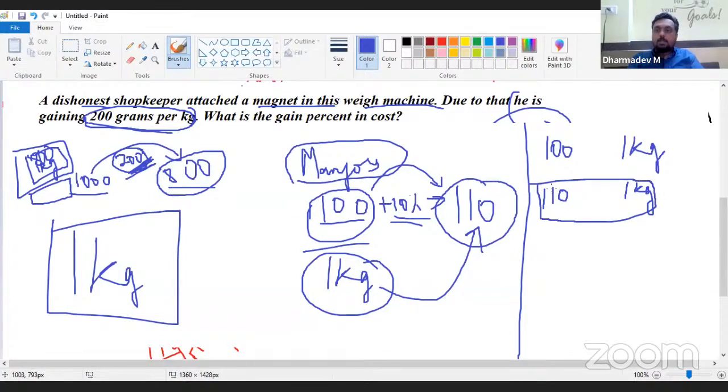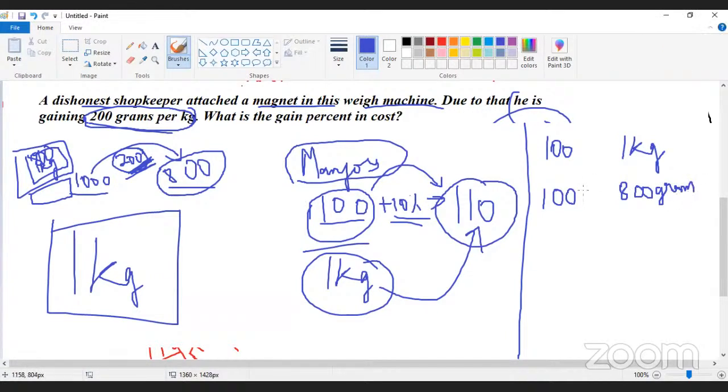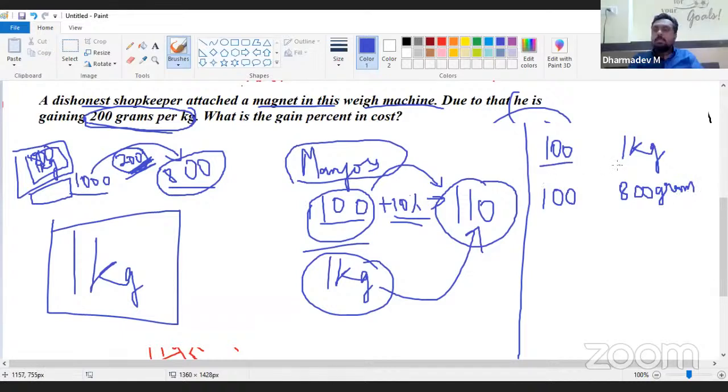Now in this, they may ask what the profit in rupees is. It's 10 rupees profit. Or they might have asked, for the same 100 rupees, if he is selling 800 grams, is it a profit or loss? So 100 rupees, he bought 1 kg. Now while selling for 100 rupees, he's selling 800 grams.